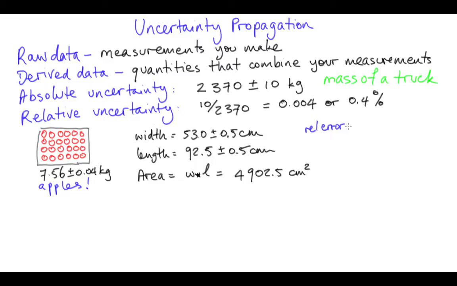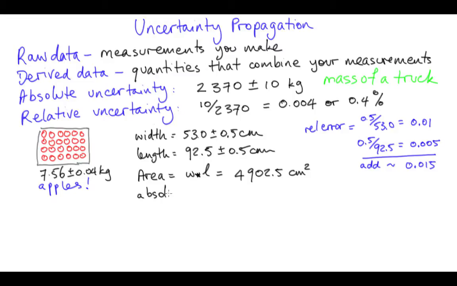The relative error in the width is 0.01 and the relative error in the length is 0.005. So the overall relative error will be 0.015 and the estimated absolute uncertainty in the area will be calculated like this, and that number there is 74 square centimetres.